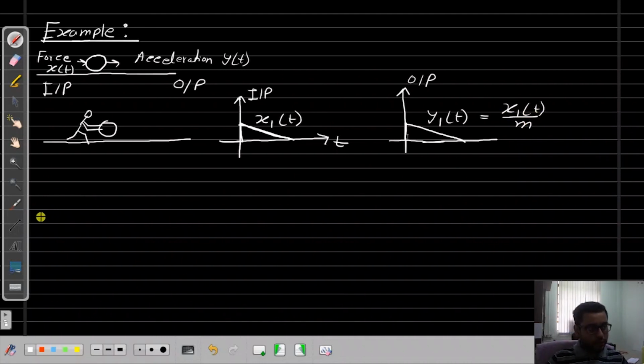Now you assume another situation where you call your friend to push this object, and suppose the way he pushes the object is like this.